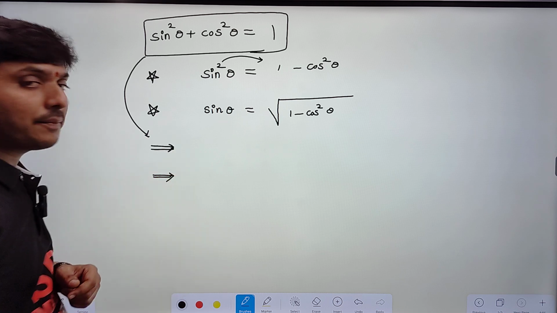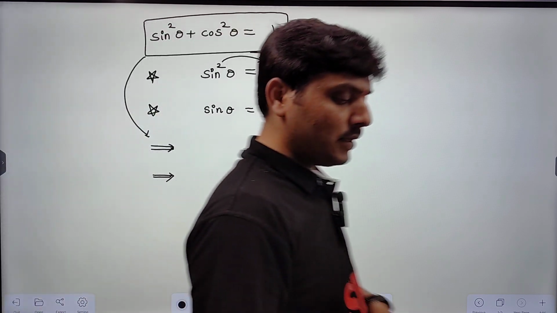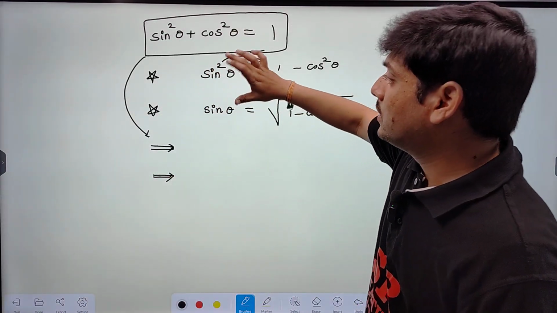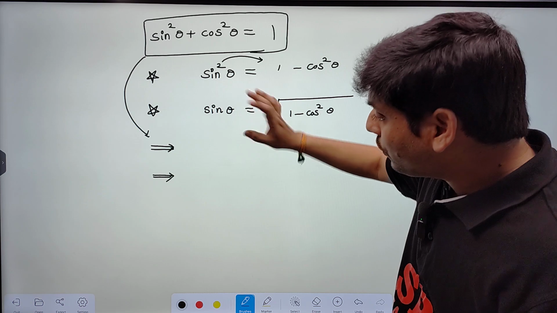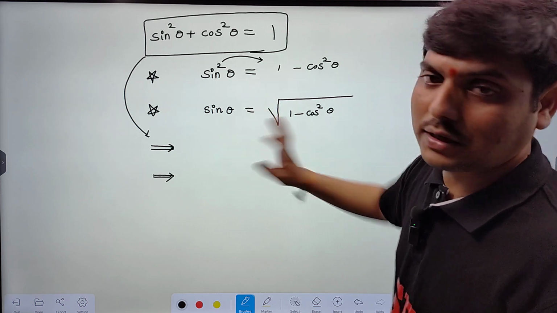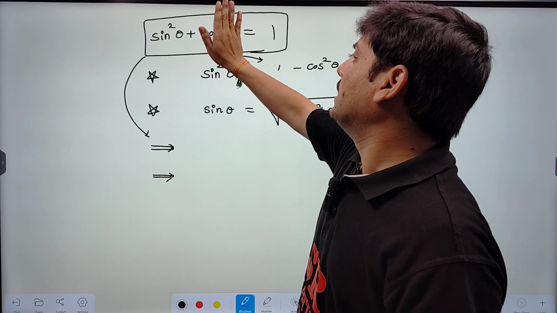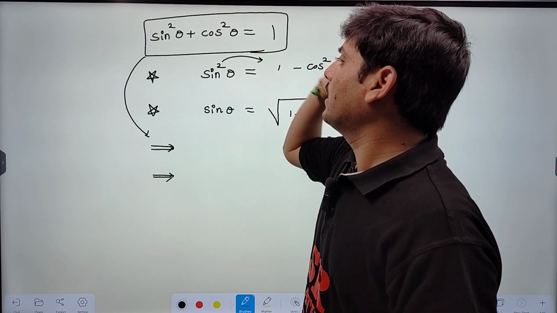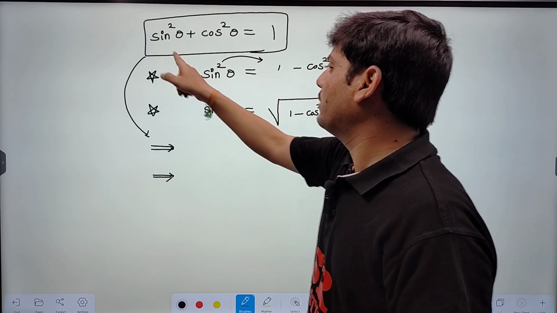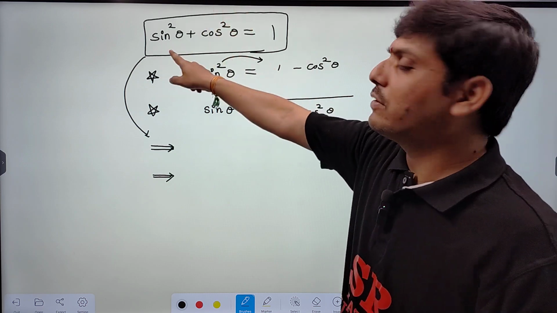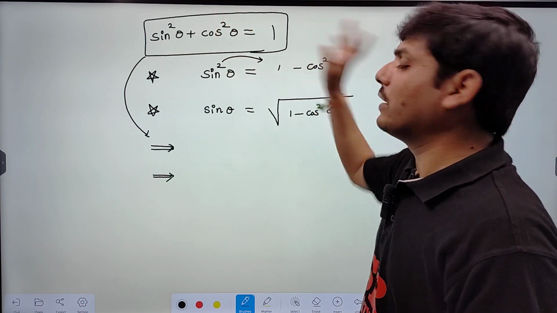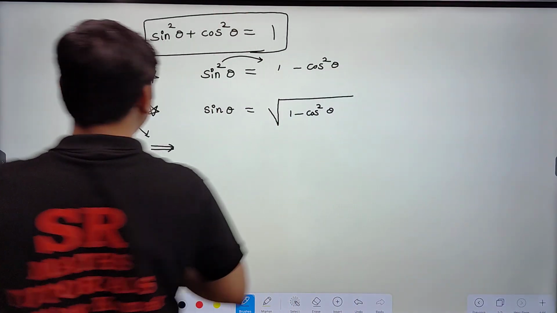Now the first two formulas on the left side have sin square theta and sin theta. Now in this case, cos square theta and cos theta. Tell me, if cos square theta is on the left side, then sin square theta moves from left to right, sin square theta is positive, so now it is subtracted from 1. What do you say about cos square theta?